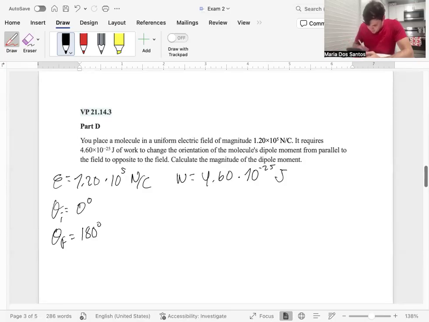We need to find the dipole moment, which is given by a formula.